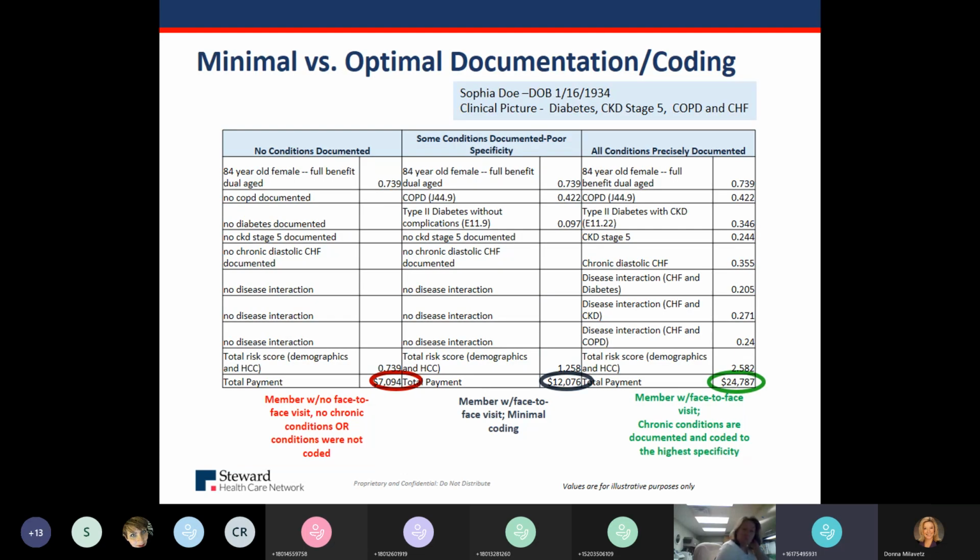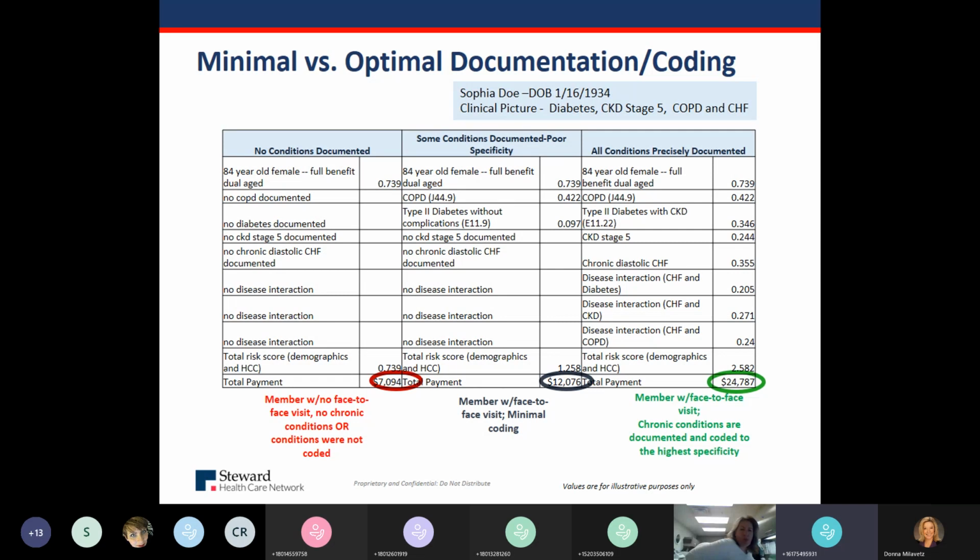So this is an example of minimal versus optimal documentation and coding and how it affects the budget. This particular patient is a female born in 1934. So at baseline, she gets a risk score based on that.